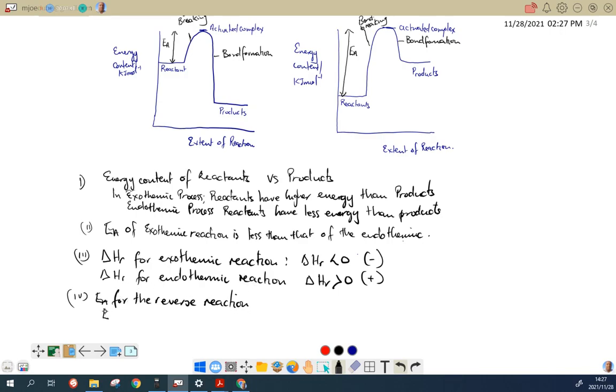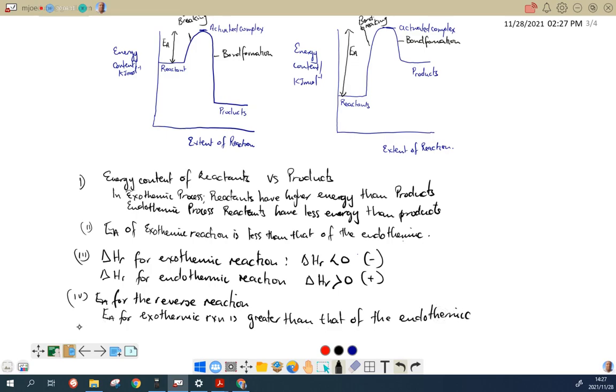EA for exothermic is greater than that of the endothermic reaction.